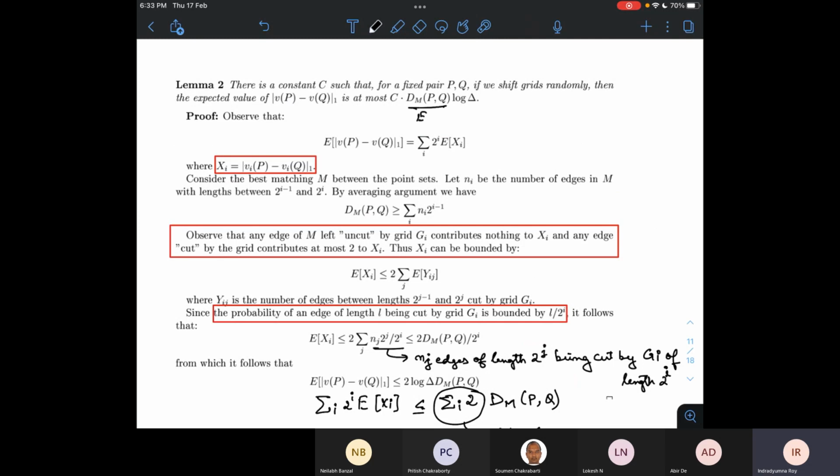So again, just to recap, this is the actual EMD, and this is the tree, let's call it EMD tree. It basically says that the tree distance is not contracted too much from the actual EMD distance.